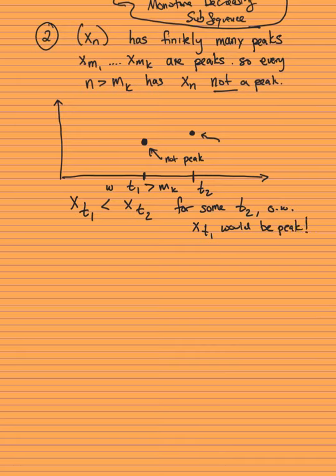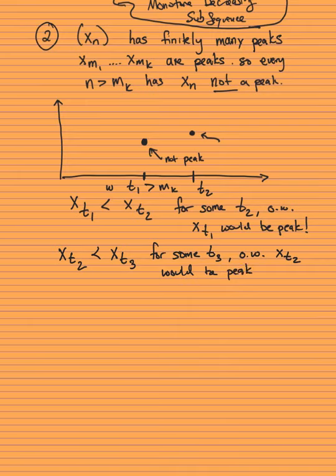All right, and now, rinse and repeat. x sub t2 has to be less than x sub t3 for some t3. Again, otherwise, x sub t2 would be a peak, but we've gone far enough so that there's no more peaks.